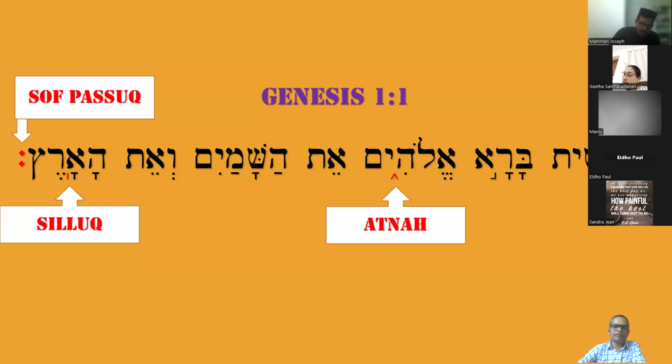What is the purpose of Atna? Atna indicates that this is the first half of the verse. You don't see a comma there, so Atna functions like a comma. Bereshit bara Elohim, so I am giving a pause. Et hashamayim ve'et ha'aretz.